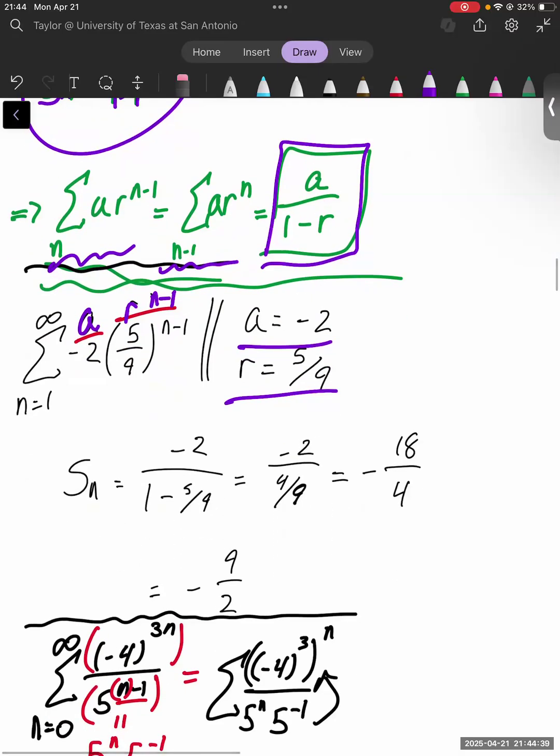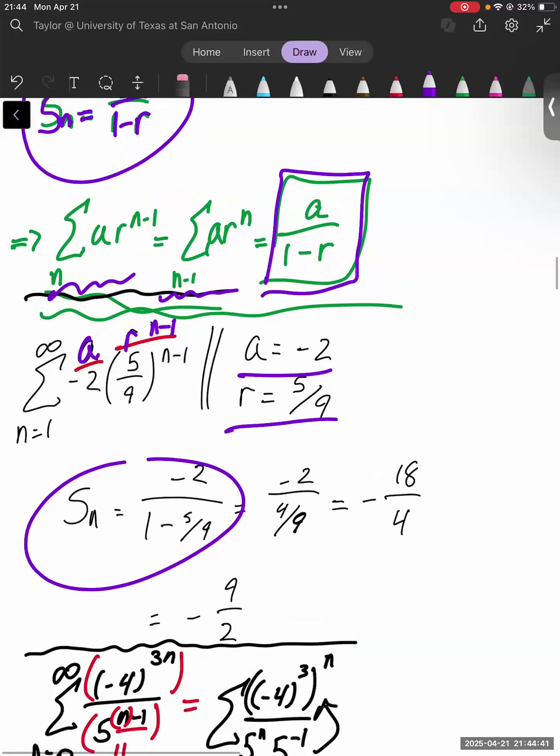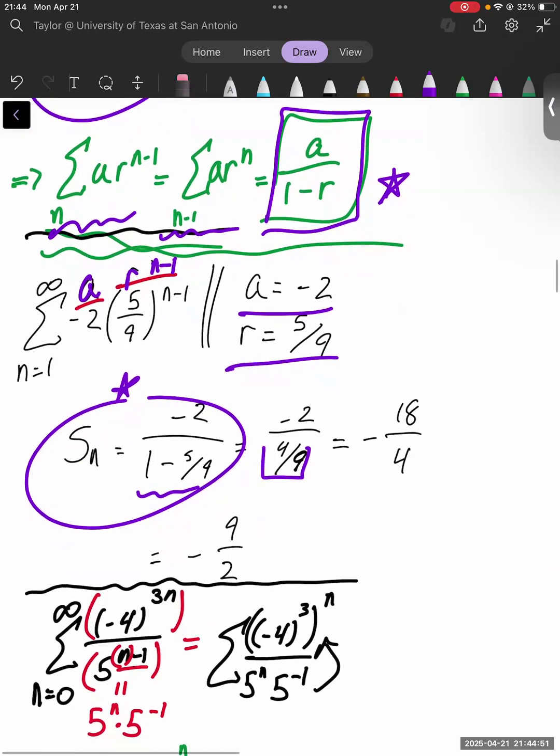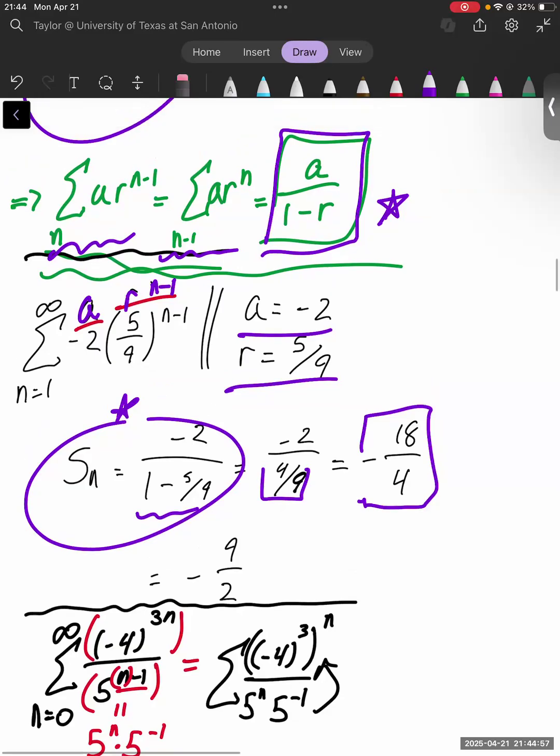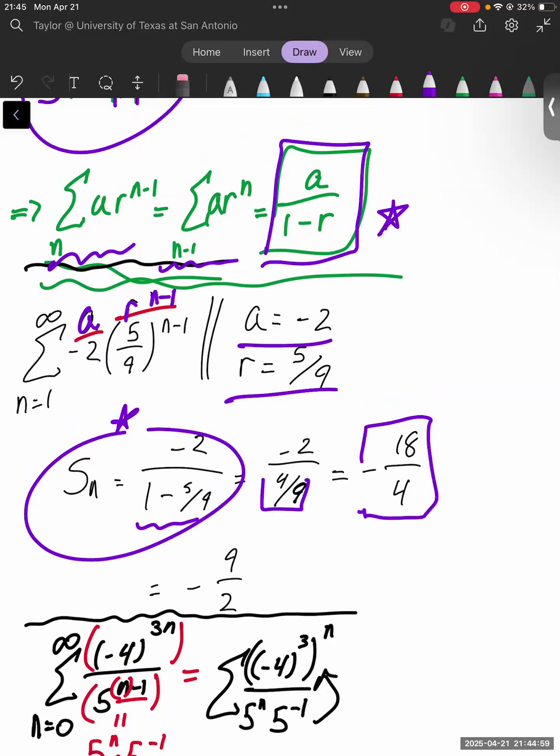All I do is plug and chug, plug it into this equation here. 1 minus 5/9 gives me 4/9. 2 over 4/9 gives me 18 over 4, leaving me with the series that we were evaluating converging to -9/2.